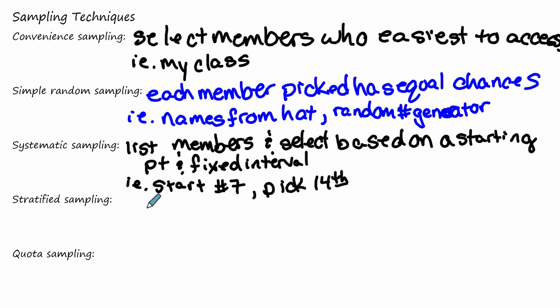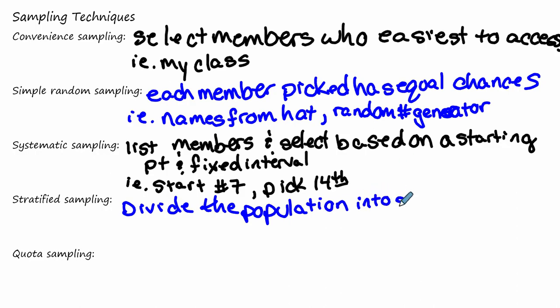Next is stratified sampling. You're going to divide the population into smaller groups, which we call strata, and then pick a random sample from each.